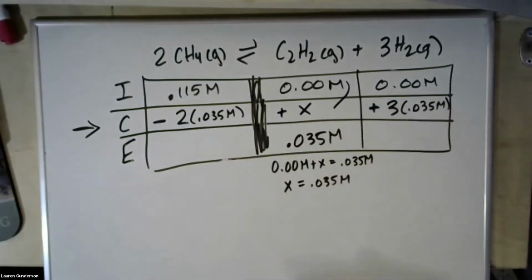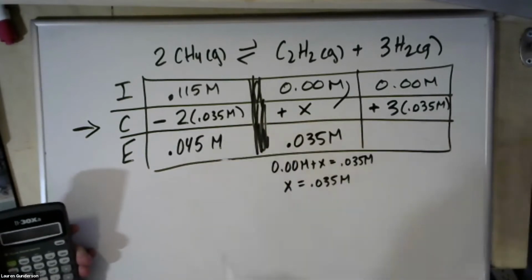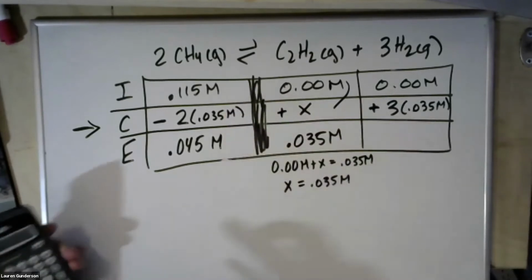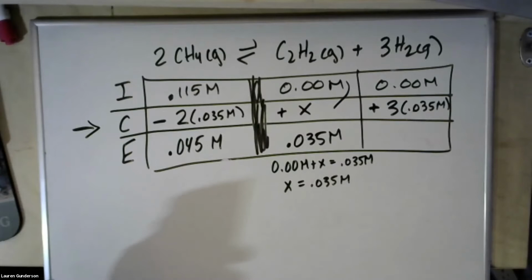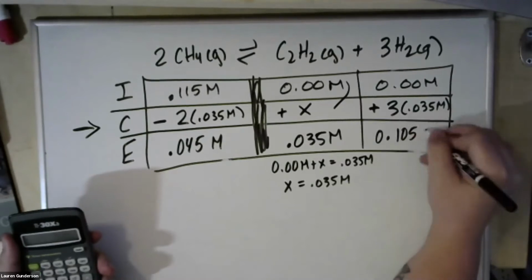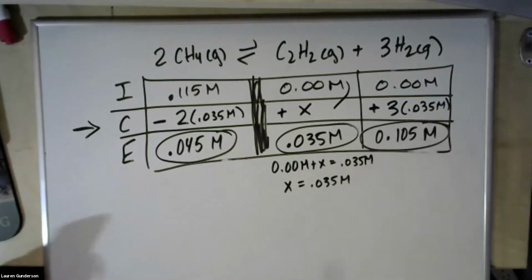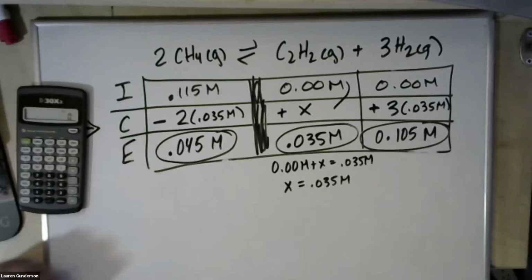And now we'll combine everything and we'll find our equilibrium concentrations. Notice how we decreased in amount here. These are our equilibrium values that we're going to use to solve for Kc here.